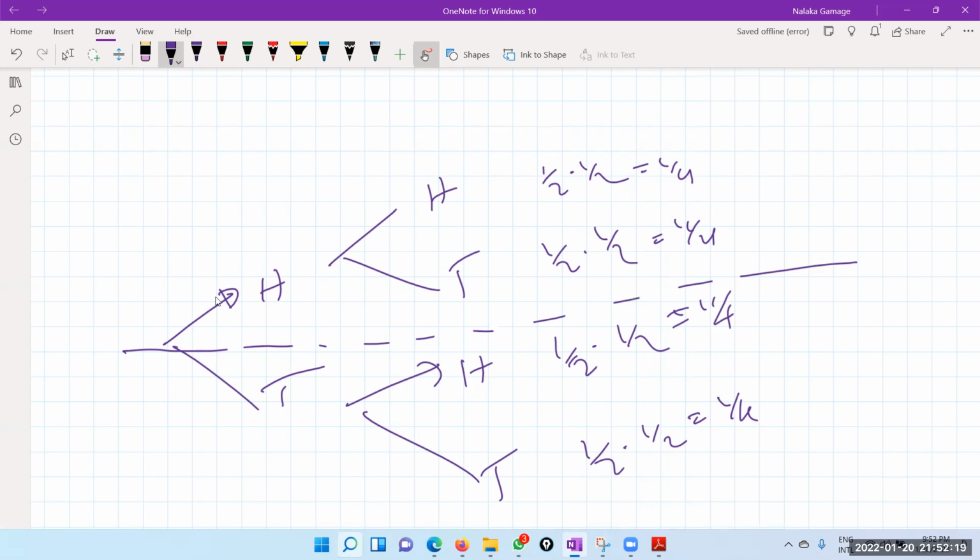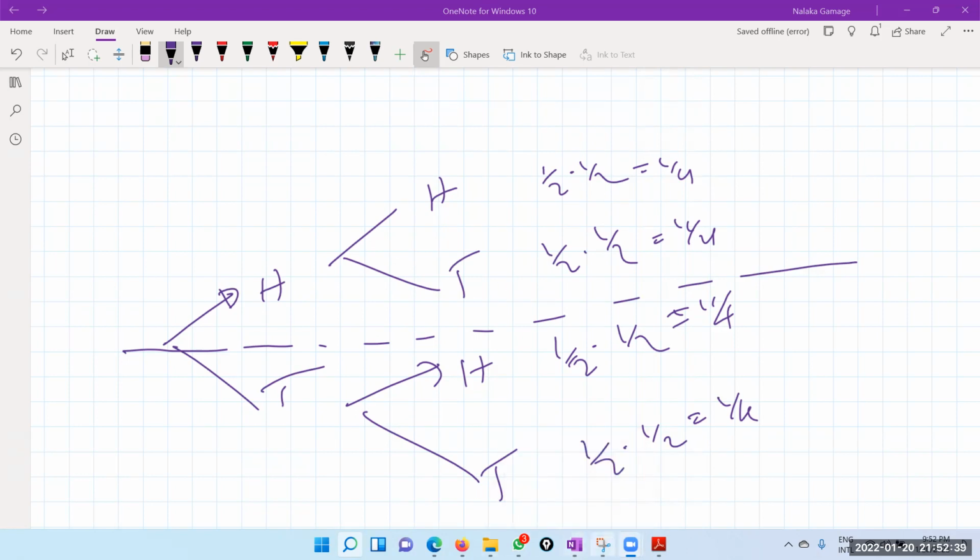0.5 නේද? It looks like 0.5 because the first one is head. What is the probability of second one being head? So it's either head or tail. So it looks like 0.5 for me.